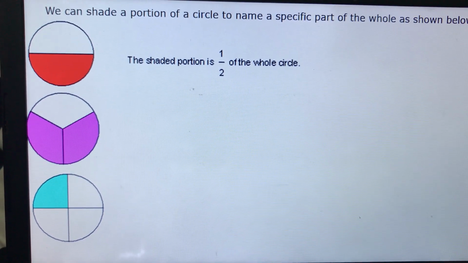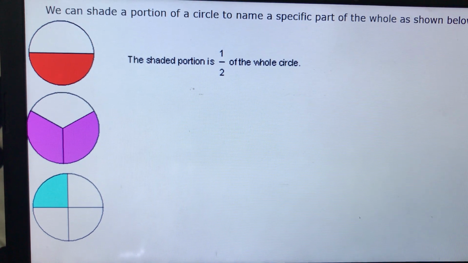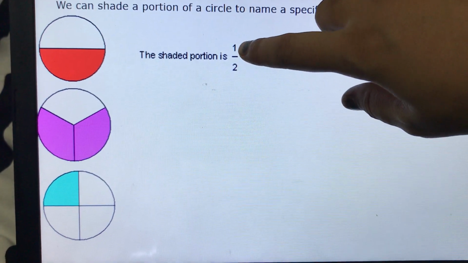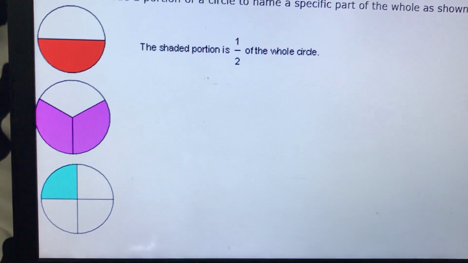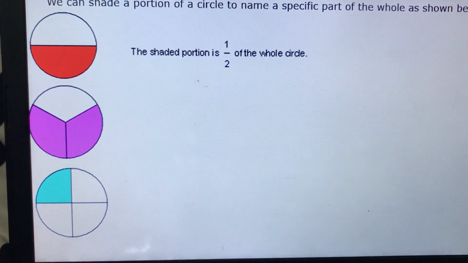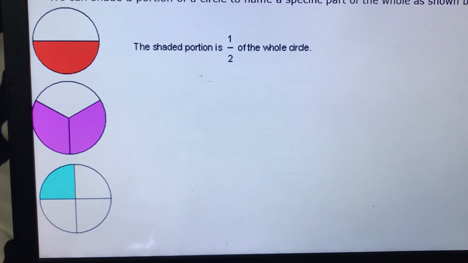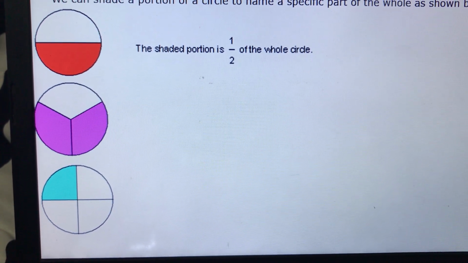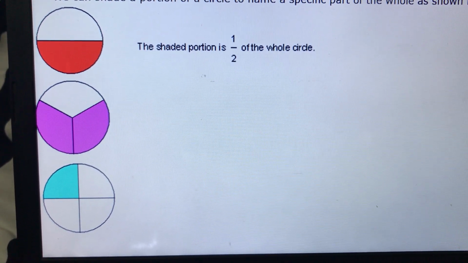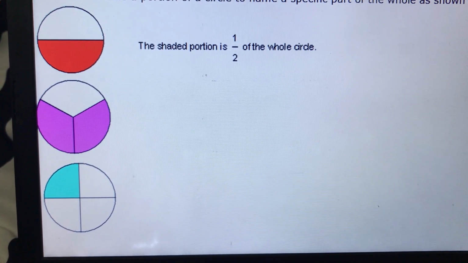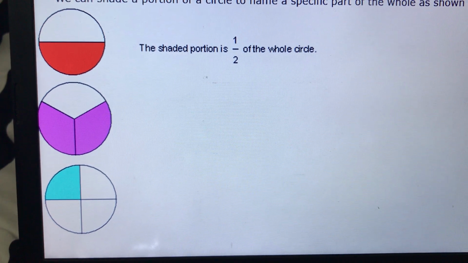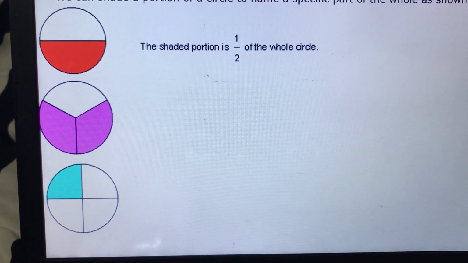As I have two parts, so one part is shaded, so in the upper portion I am writing 1, which part is shaded, only one part, and in the lower part I am writing the total number of parts. Now in this case I have two equal parts, so in the lower portion I will be writing the total number of parts 2, and in the top portion I will be writing the number of portions shaded, so it is 1.